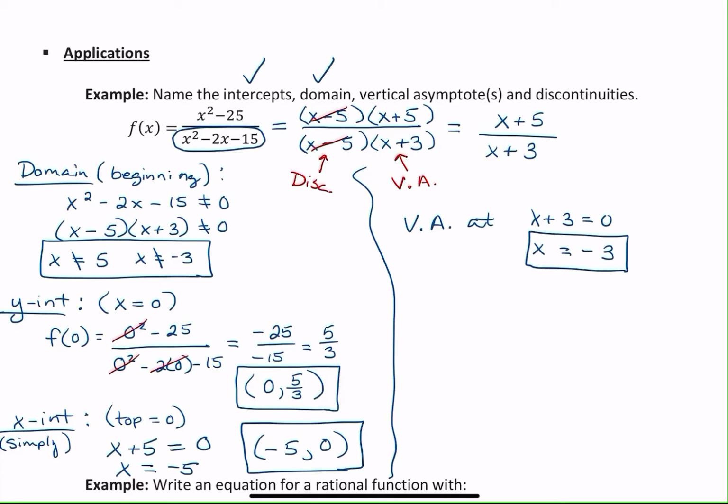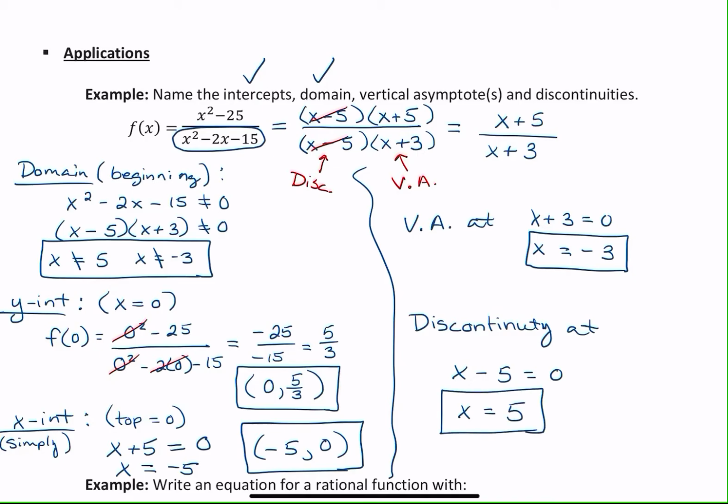So that means the graph will approach it, but it won't ever cross the vertical line x equals negative 3. And then we're going to have a discontinuity at x minus 5 equals 0, so at x equals 5, you will have a discontinuity. Now that means there'll be a hole in the graph right there.